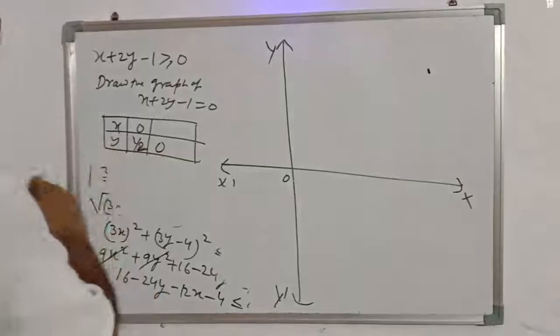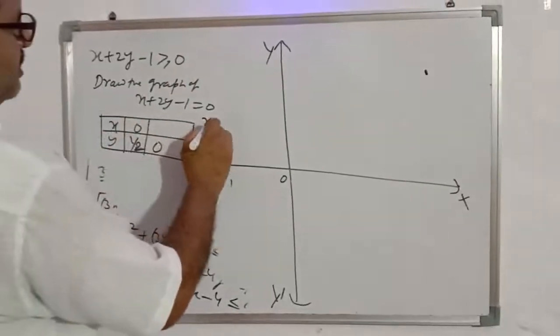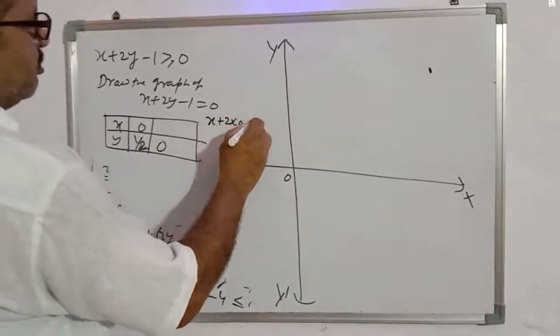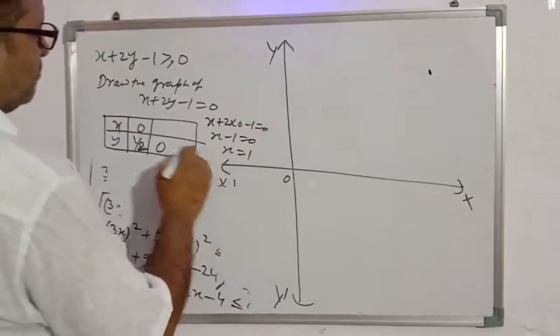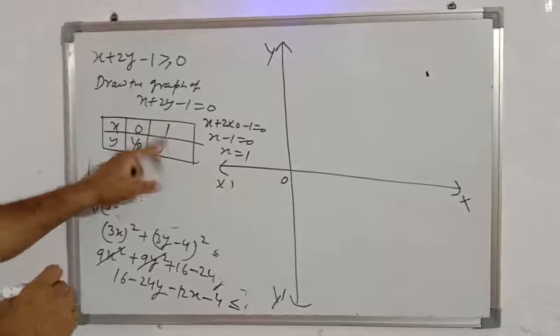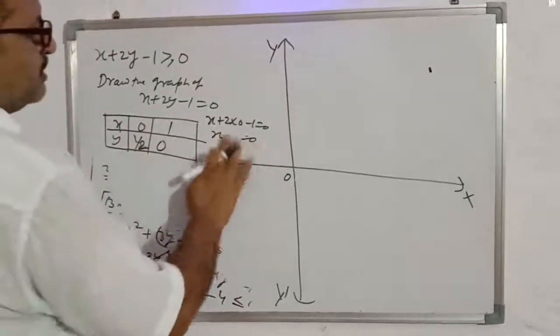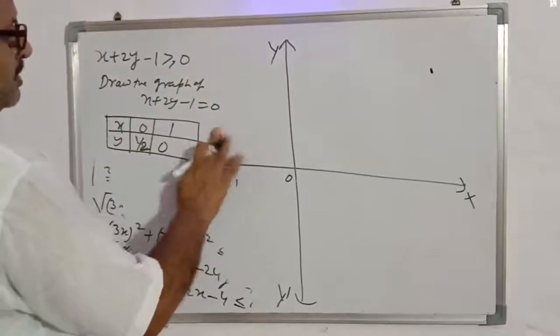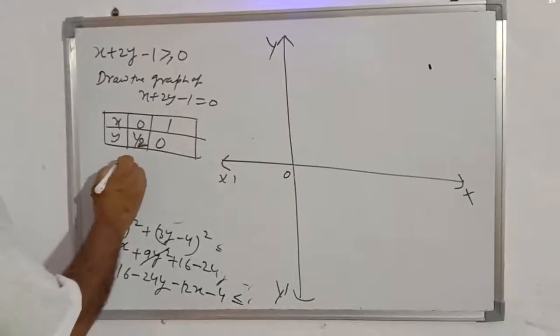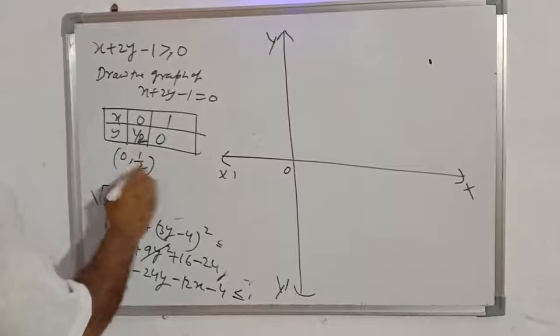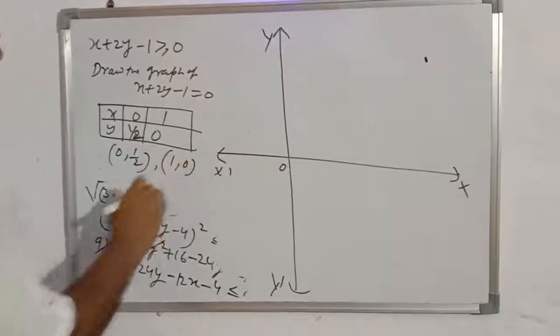Now if y is equal to 0, put y equal to 0 here. So x plus 2 into 0 minus 1 is equal to 0, x minus 1 is 0, x is equal to 1. So we have two points: 0, 1 by 2 and 1 comma 0.